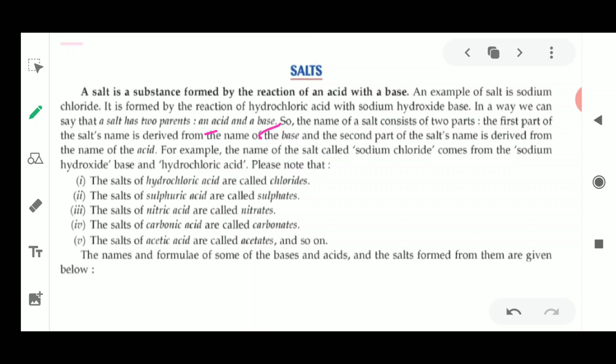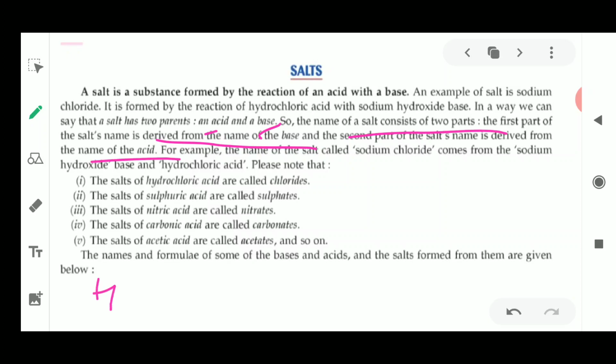So the first part of the salt's name is derived from the name of the base, and the second part is derived from the acid. For example, I'll just write down the formation of salt here.